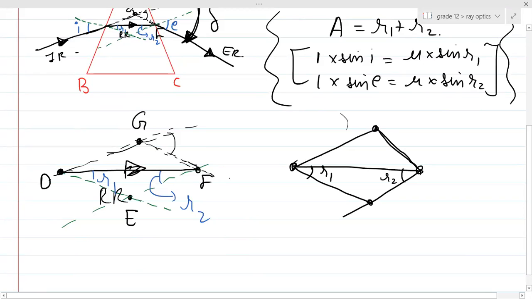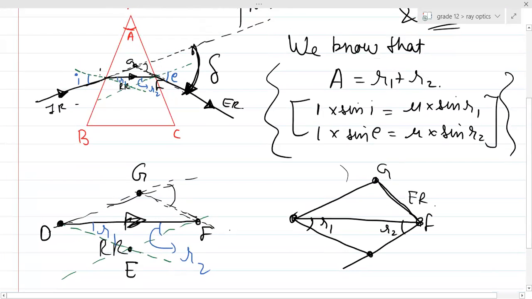So this GF is basically the emergent ray. And can you see, guys, this light ray which is going from D to G? And this was basically the incident ray, right? So can I say this angle is basically the deviation angle? Yes or no?